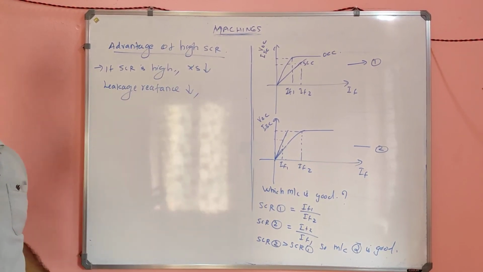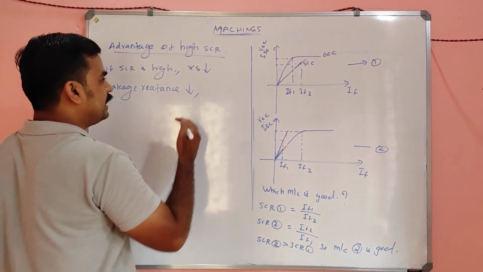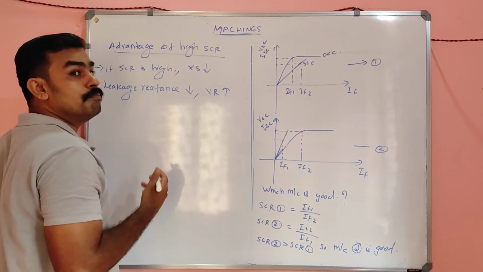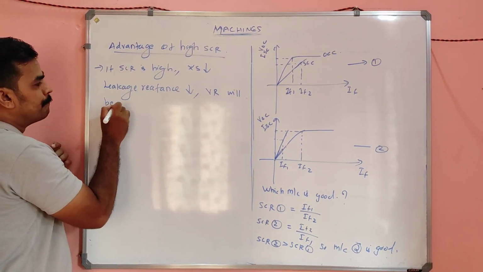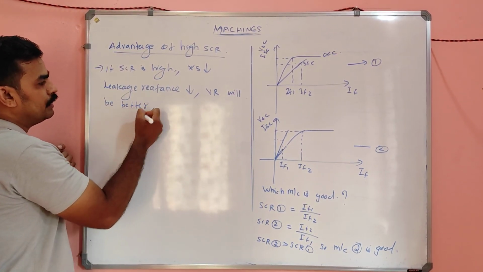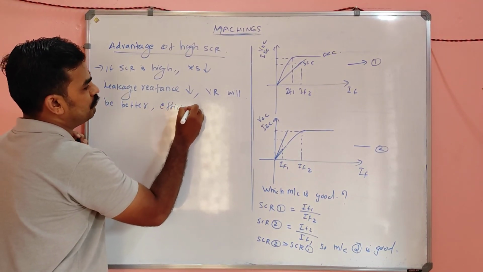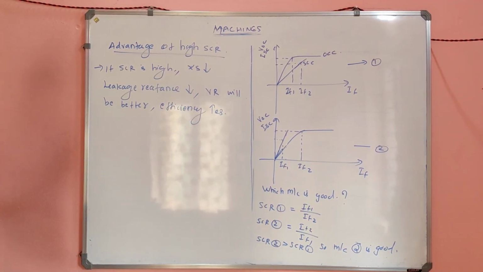Lower leakage reactance means voltage regulation will be better. If voltage regulation is better, efficiency will be higher.